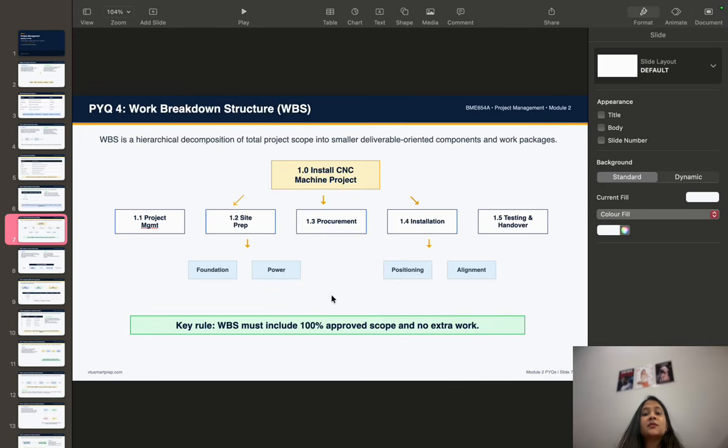For example, site preparation can include foundation and power work, and installation can include positioning and alignment. The most important rule here is the 100% rule, which means the WBS should include 100% of the approved project scope and no extra work. You have to remember the 100% rule in this topic.